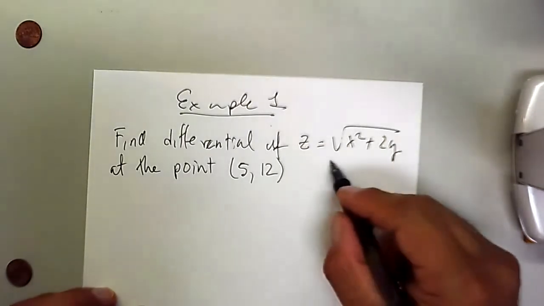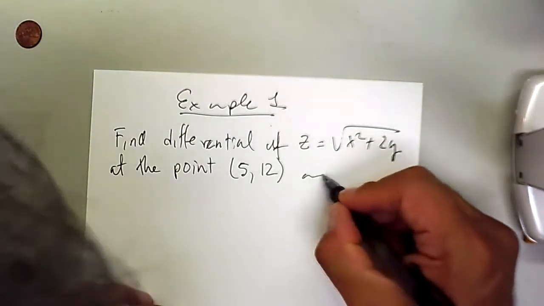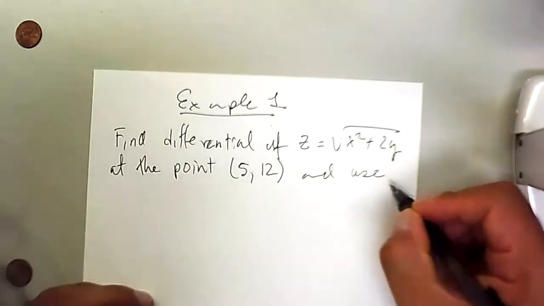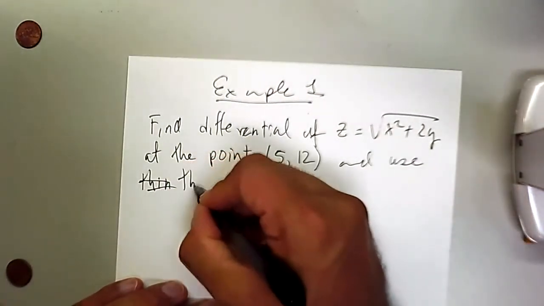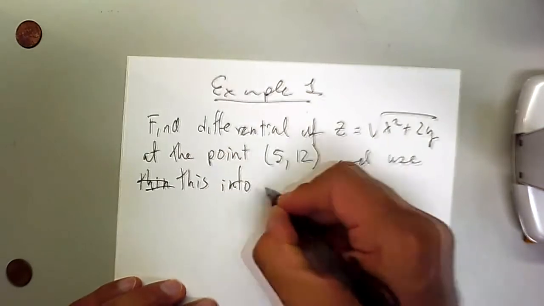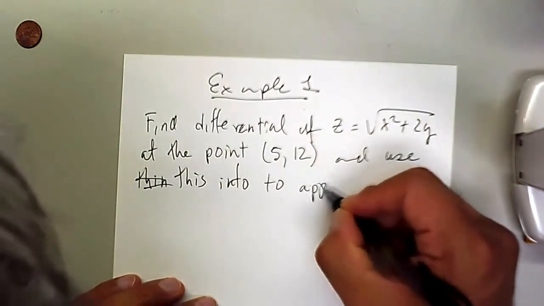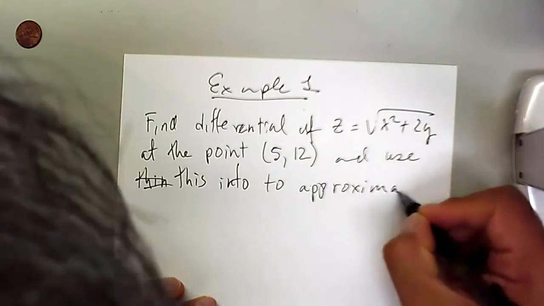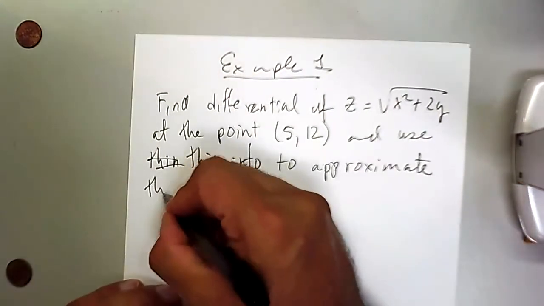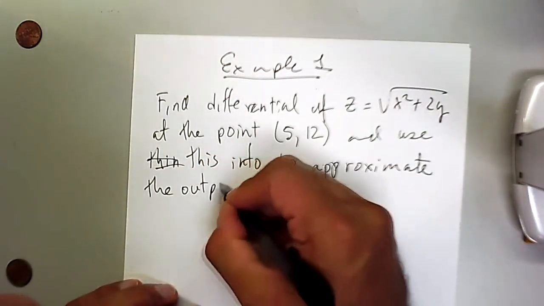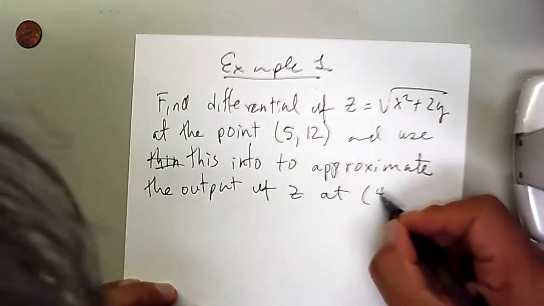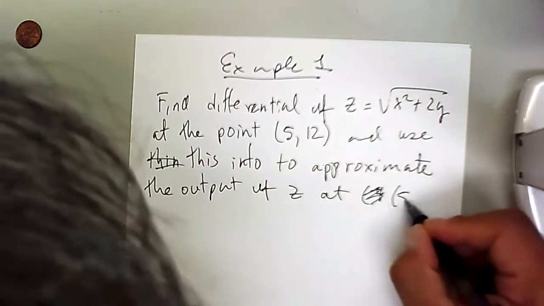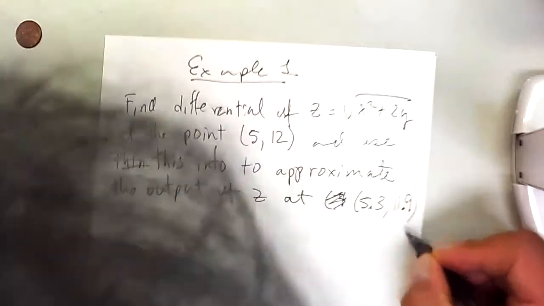So that's the input. And use this information to approximate the output of z at (5.3, 11.9).